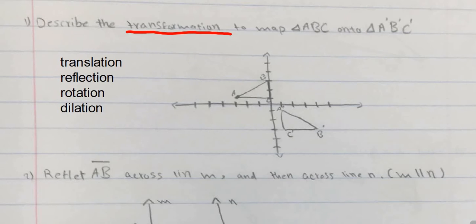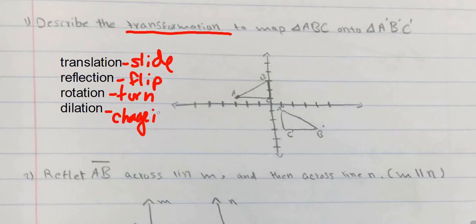Okay, the 4 transformations are translation, remember, which means to slide, reflection, which means to flip over something, rotation, which means to turn, and dilation means to change in size.